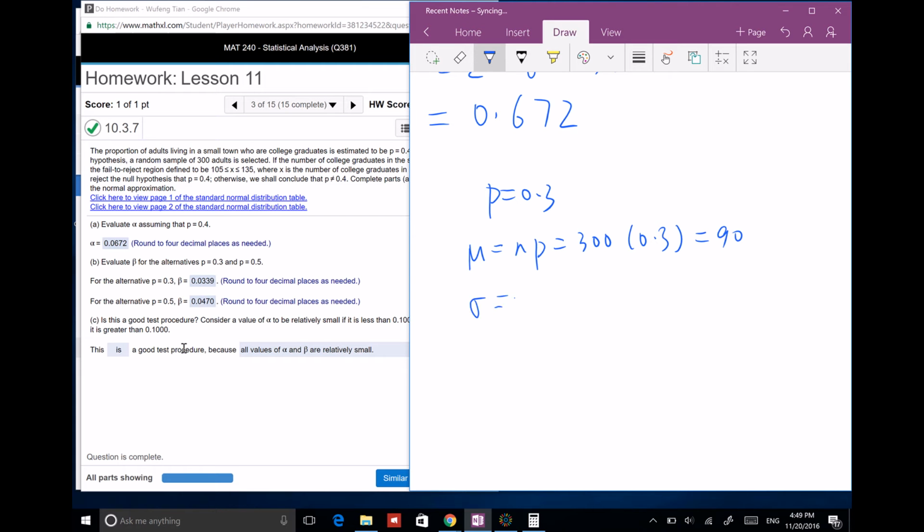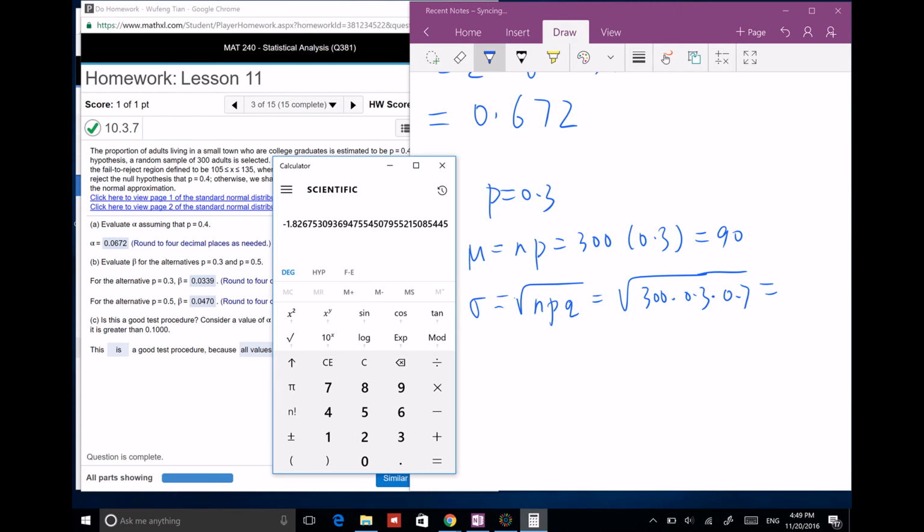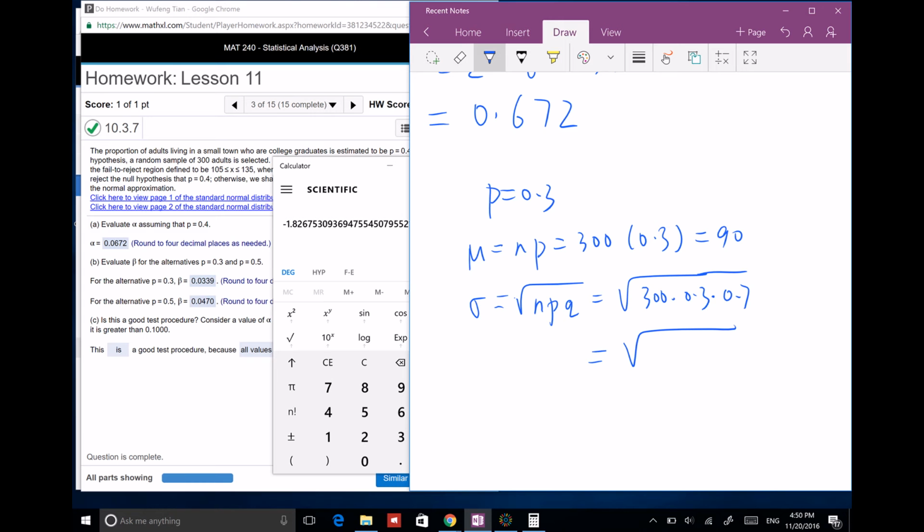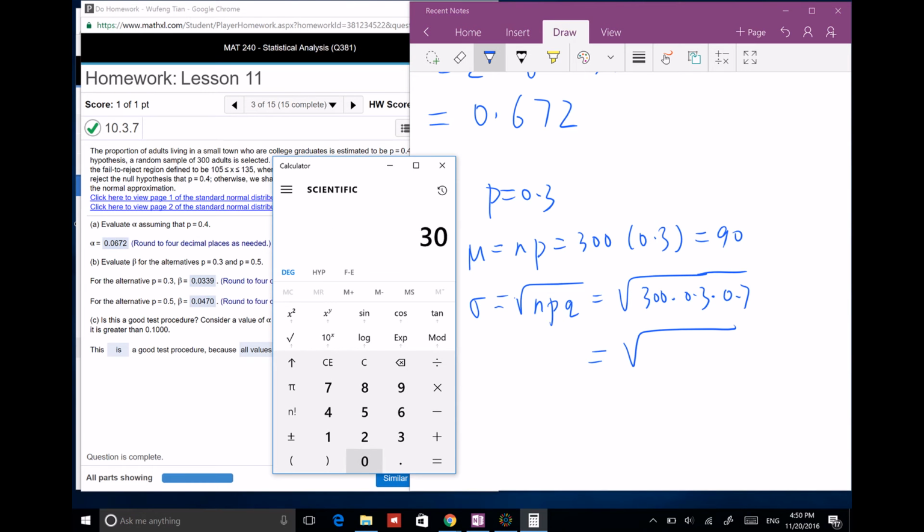And sigma equals the square root of npq, which is the square root of 300 multiplied by 0.3 multiplied by 0.7, which equals 63.